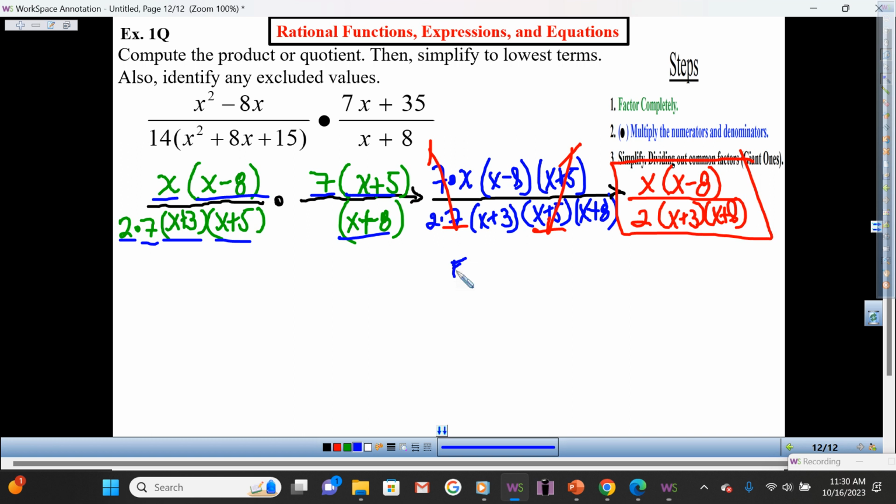Excluded values. Let me get you started. Look up to the screen. I'm going to start with x plus 8 equal to 0. Give me the next ones.